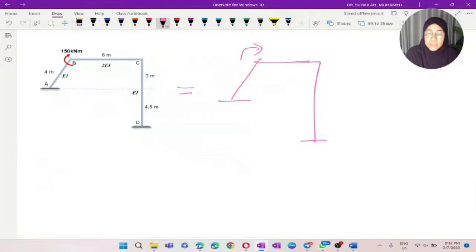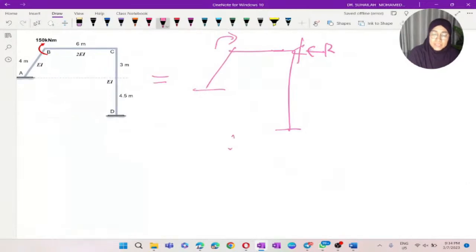Properly restrained frame means we put a pin so that we will get R. When the frame has a restraining force, the frame will not move to the side, to the right or to the left, so it is called properly restrained. This is diagram B, and this is table number 1.